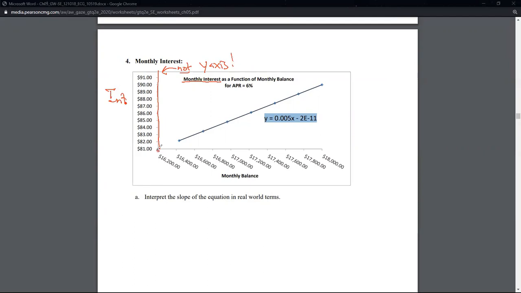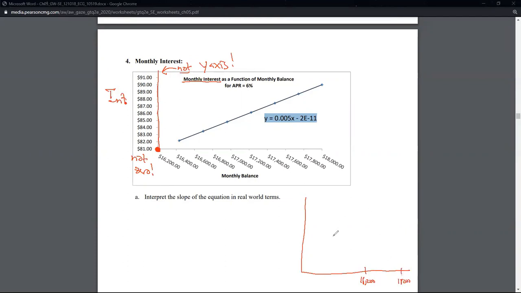And that's because this value right here is not 0. It's 16,200. So this graph is actually a zoomed in version of another graph. And what that graph would look like, if here's your 16,200, here's your 18,000.